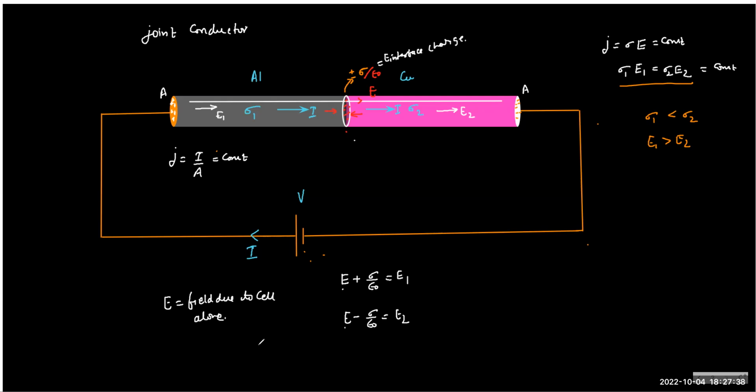But because of the change of conductivity, the field has to become non-uniform, and that is accomplished using the interface charge. Whenever there is a change of medium, we have an interface, and whenever there is an interface, we have some induced charge.